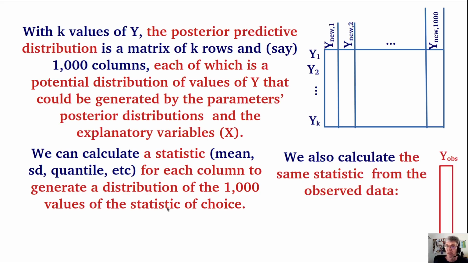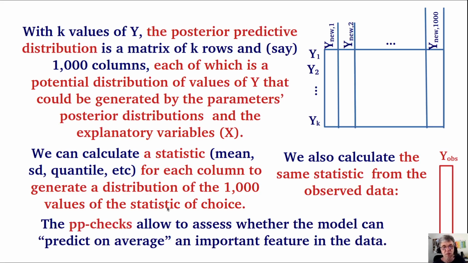We then calculate the same statistic out of the observed data, and we can actually use the PP checks to assess whether the model can predict, on average, as a common and typical prediction, an important observed feature of the data. This is going to be used in coming videos when we fit more complex Bayesian models to the data.